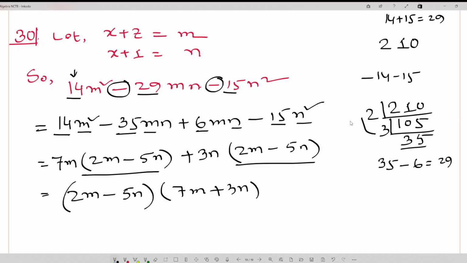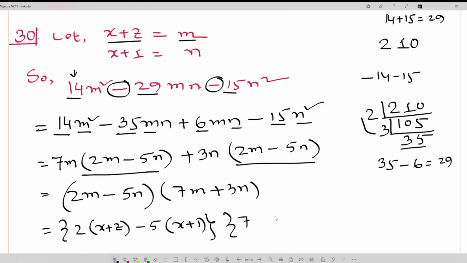Now we can exchange to the original format. It means m equals x + z. We can write this one. 2m means 2(x + z) minus 5n means 5(x + 1). Similarly here, 7(x + z) plus 3n means 3(x + 1), right?